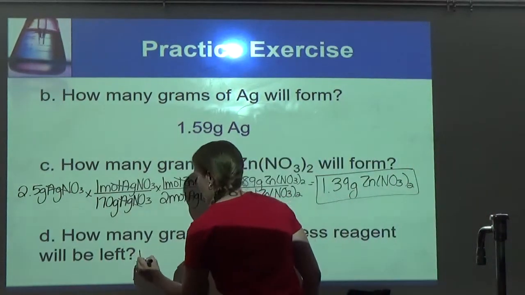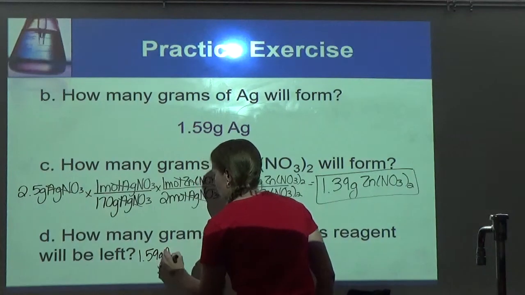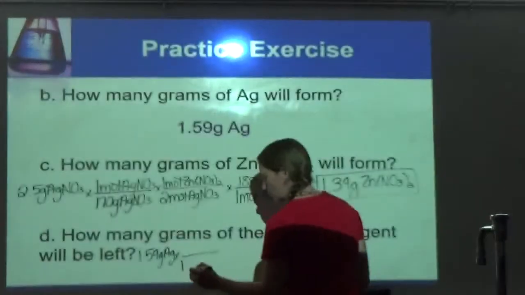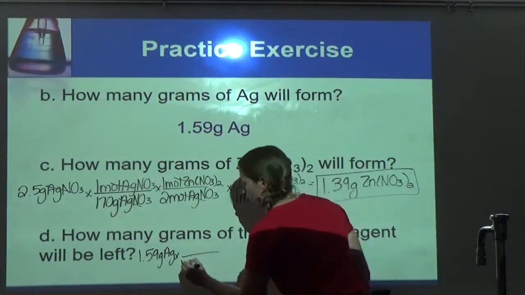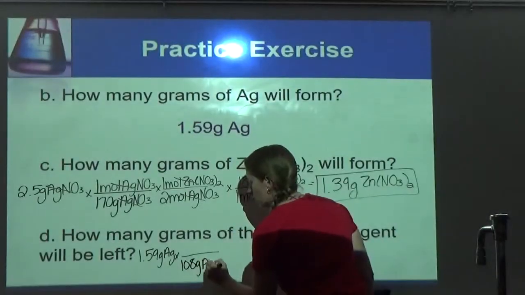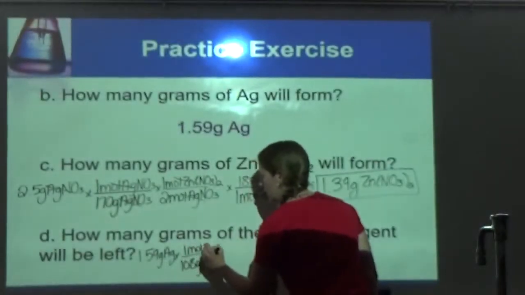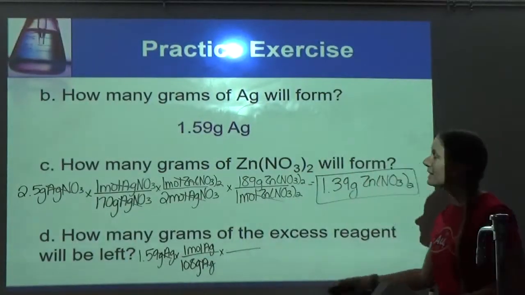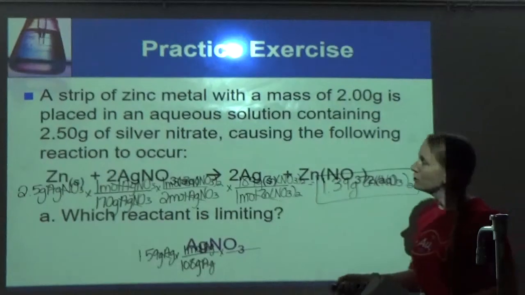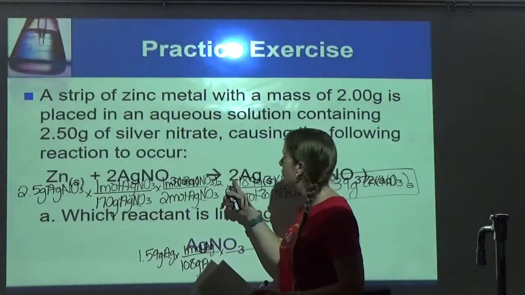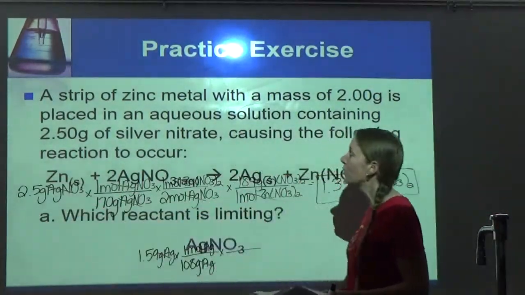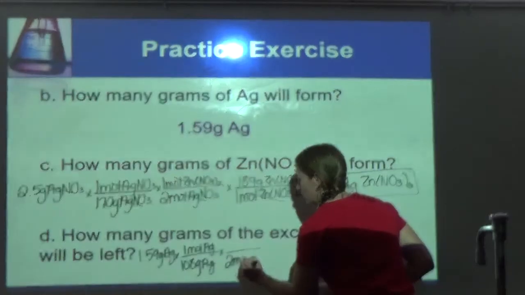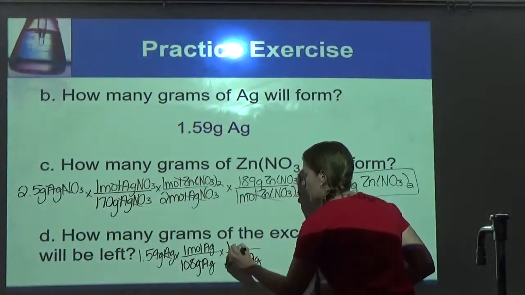Okay, so I started with 1.59 grams of silver, change that to moles. So of course 108 grams of silver is 1 mole. All right, now I'm going between silver and zinc. So if you look back at our reaction, we can see that 2 moles of silver requires 1 mole of zinc.